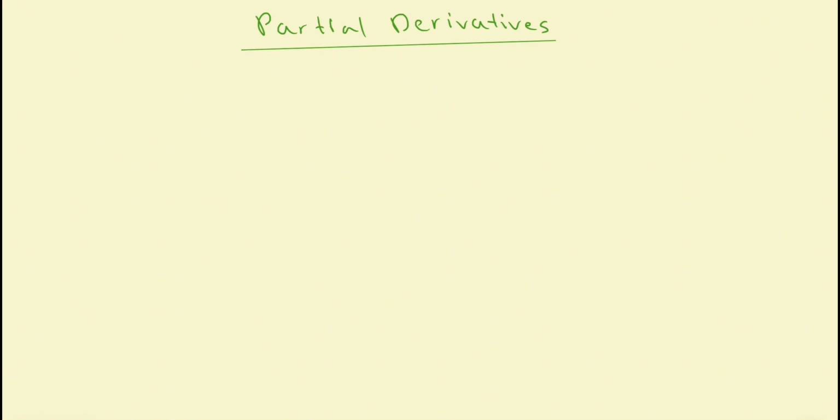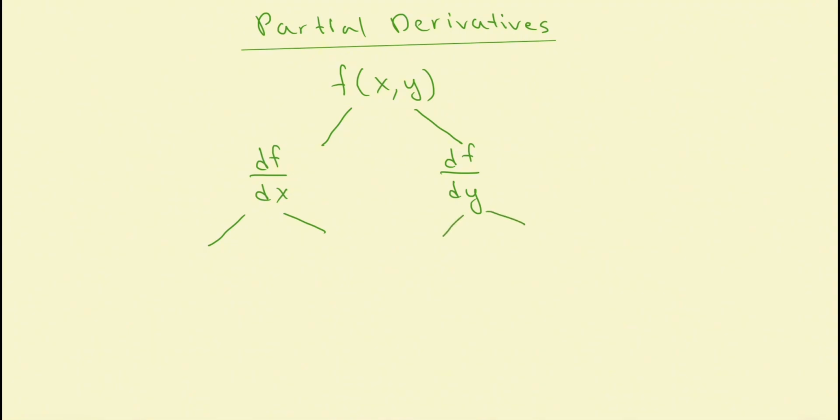In order to better illustrate partial derivatives, let's draw a diagram. So we said we have a multivariable function. We're going to take the partial derivatives with respect to x and with respect to y. Now from here, we could find the higher order partial derivatives.